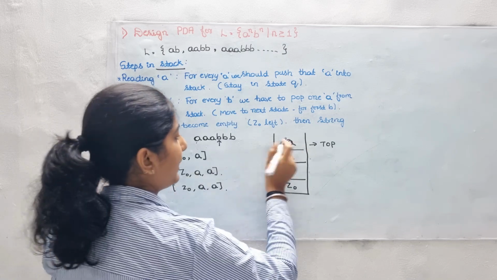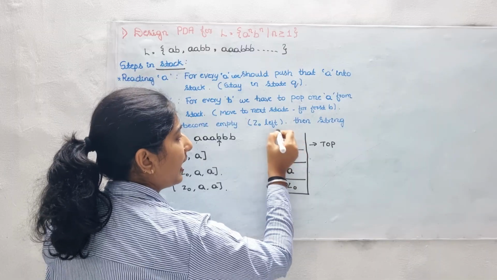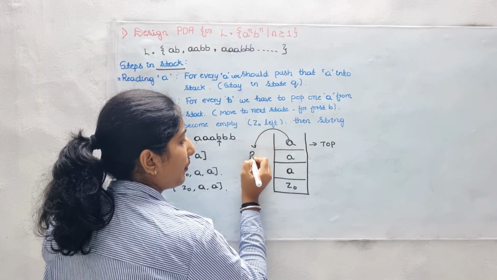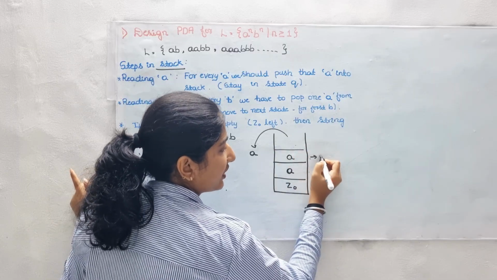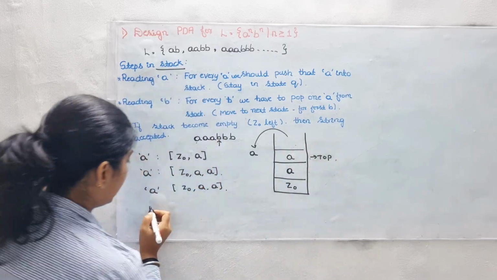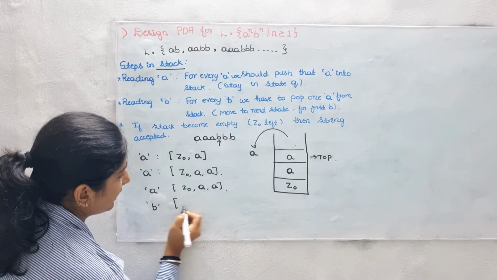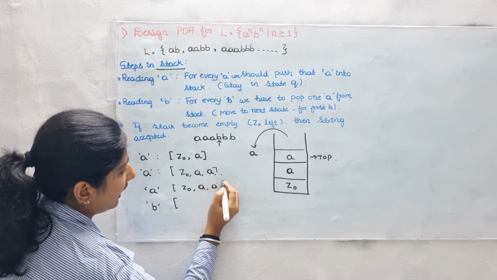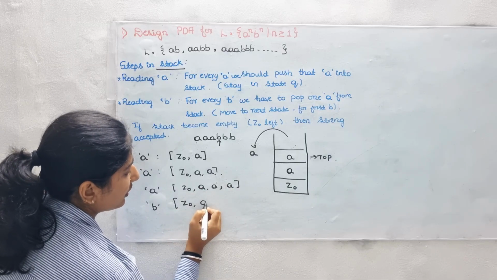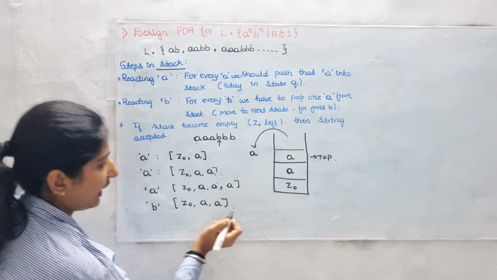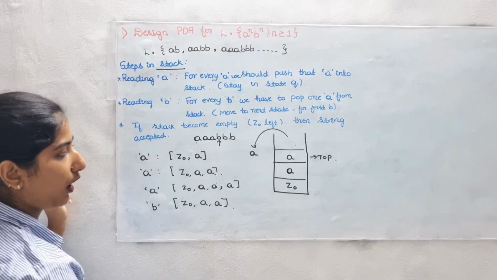So I got this b, so I am popping this a out. So the top will change. So this one will become Z0 a a. One element is popped out.